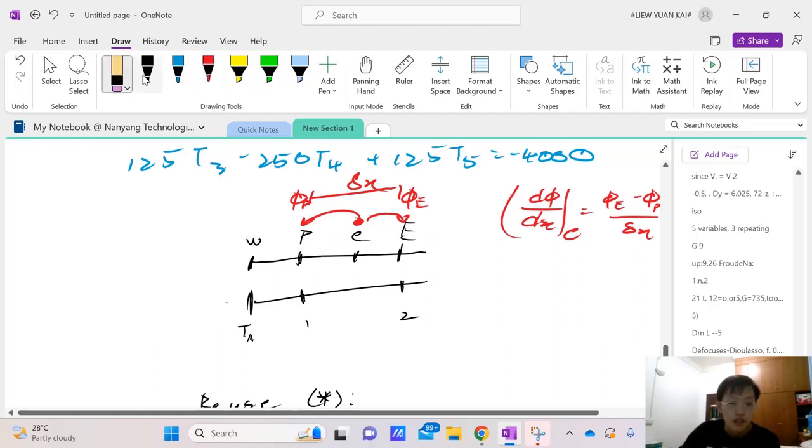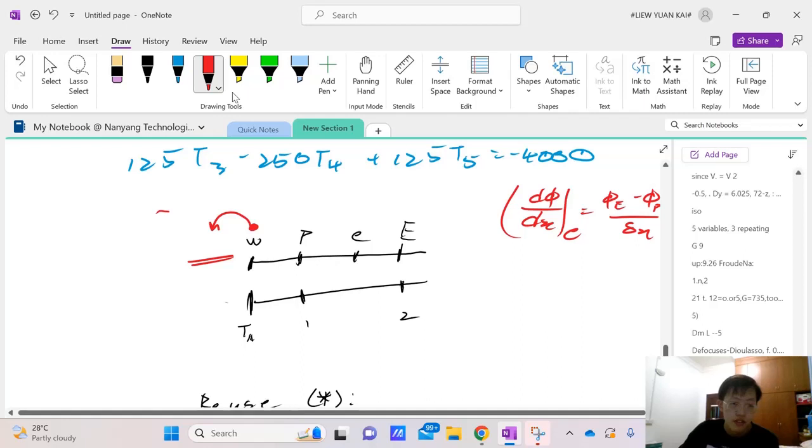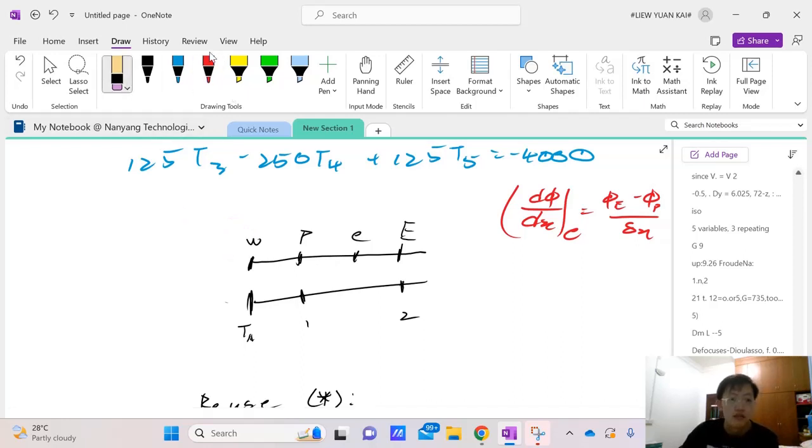Now we want to look at d phi dx evaluated at west. If you stand at west, you see there's no left, right? That means we have to use the forward differencing scheme. We cannot use left, so we have to use the point itself, W, as one of the points. Normally, to find derivatives is immediate right minus immediate left, but we don't have immediate left, so we have to use the point itself.